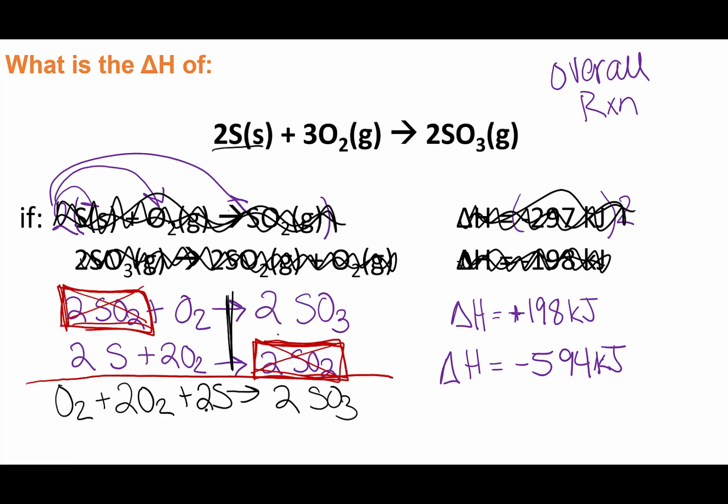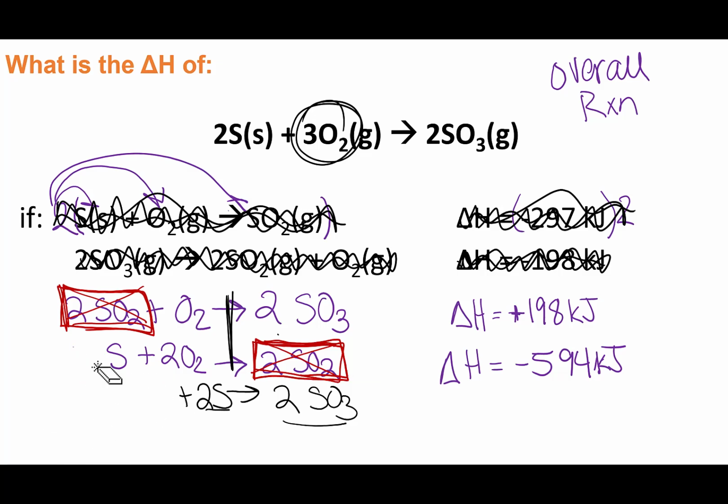We've got 2 sulfurs, 2 sulfurs, 2 sulfur trioxides, 2 sulfur trioxides. The only thing I don't see on there is the 3 oxygens. But if I clean this up, 1 mole of oxygen plus 2 moles of oxygen is going to clean up into 3 moles of oxygen. So now we have our overall reaction.